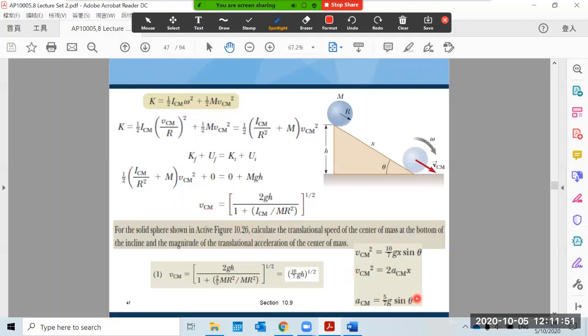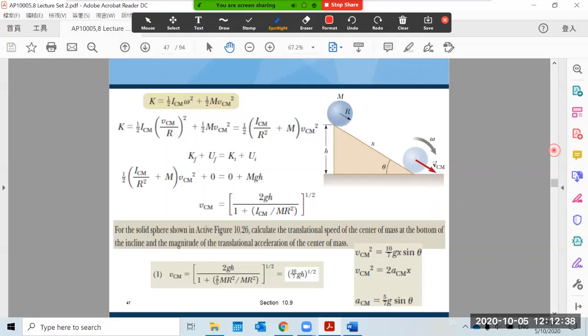And here it tells you how the center of mass acceleration is calculated. It is not exactly g sine theta as you would expect when you resolve the force components, but it is slightly less than g sine theta because in a certain sense, part of the acceleration is used for generating the rotational acceleration of the sphere. So it would not be exactly the same as the particle sliding down a smooth surface.